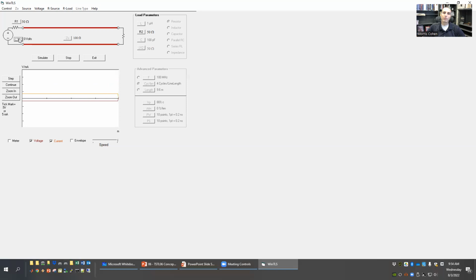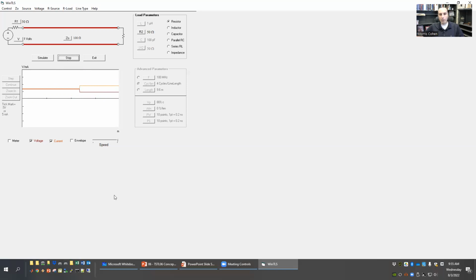Now we'll see that voltage go to 0. Now, in the prior case, when this was still 1 volt, you can see that it will eventually steady out to 0.5 volt being on the load.